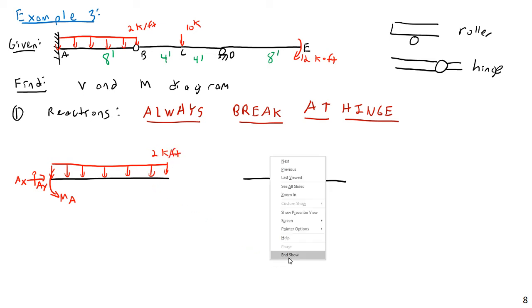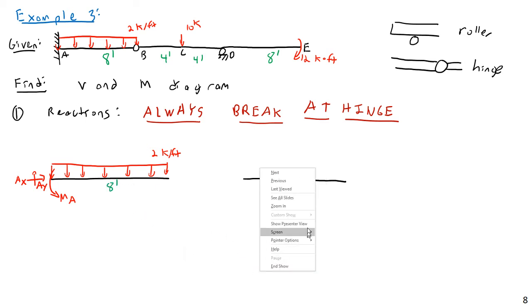And maybe I'll go ahead and show the dimension on here of 8 feet. Now, because I basically cut the pin in half, I need to show the forces that are revealed. I can assume they're acting either direction.